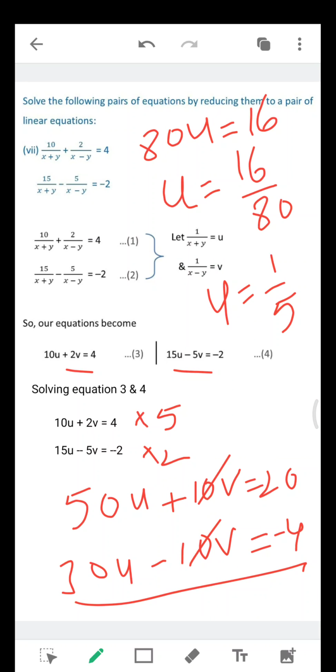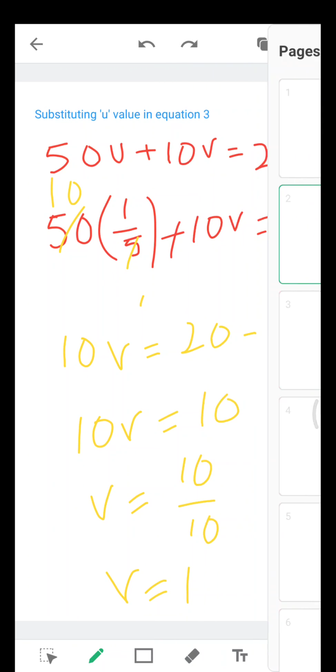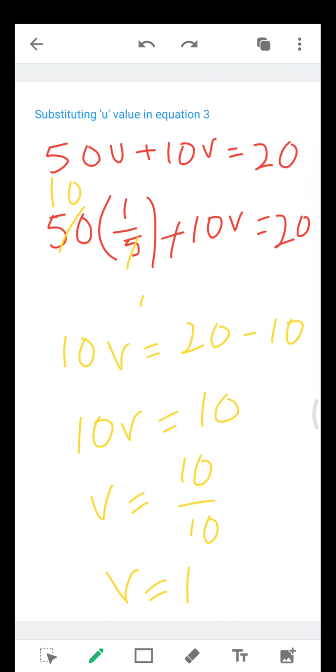So I substituted 1 by 5 here. 5 tens are 50, plus 10v is equal to 20. So 10v is equal to 20 minus 10, that is 10. So v is equal to 10 by 10, that is 1.